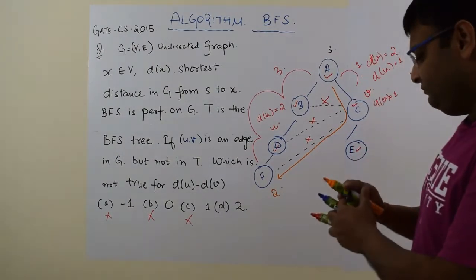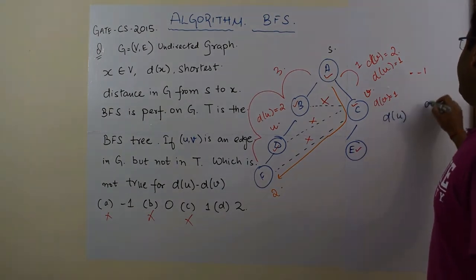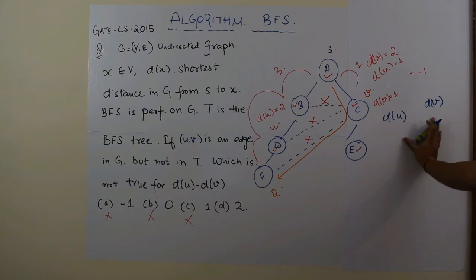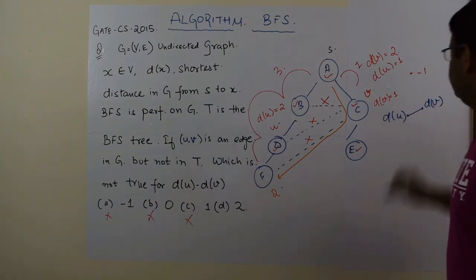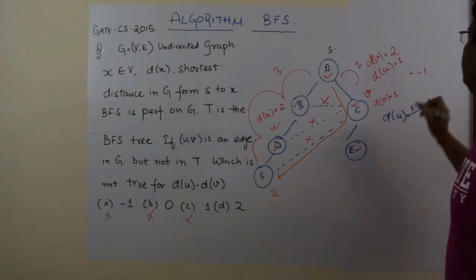You can also prove it formally. If du and dv are the shortest distances from a source, and there is an edge between them, the cost of traversing this edge is 1.